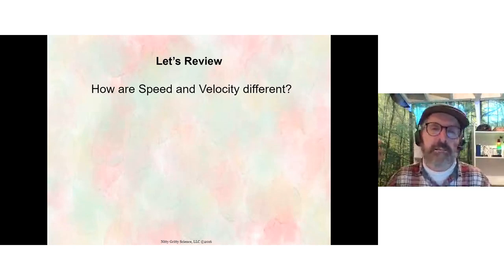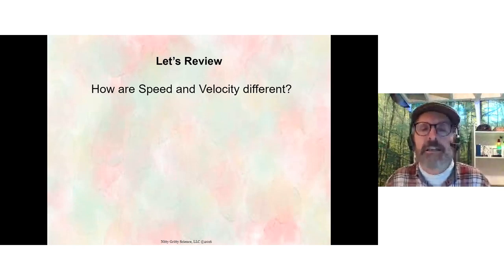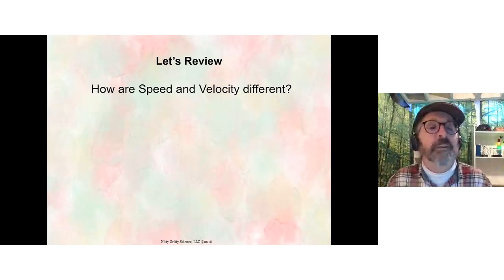One has only magnitude, the other one has direction. Which one has direction, which one doesn't? So that's what you have to decide, right? Does speed have direction, or does speed have no direction? Does velocity have direction, or does velocity have some direction? This is a toughie. Trying to remember speed.